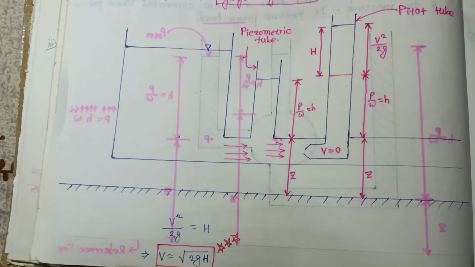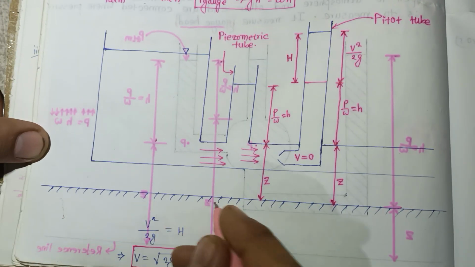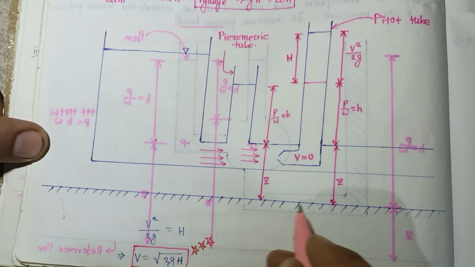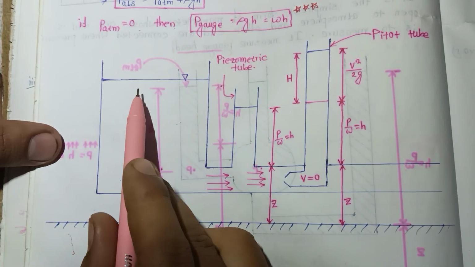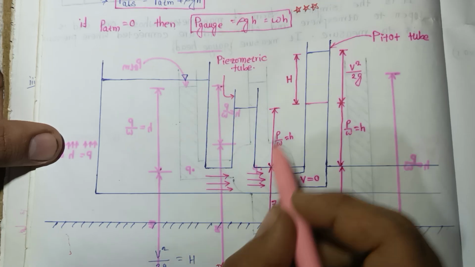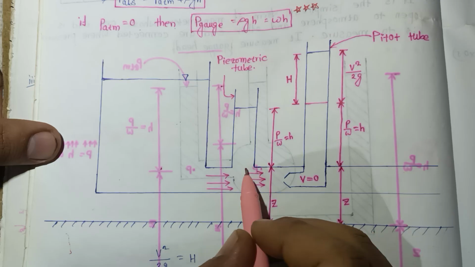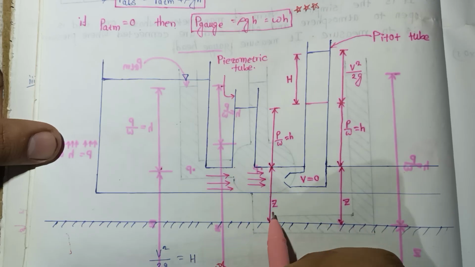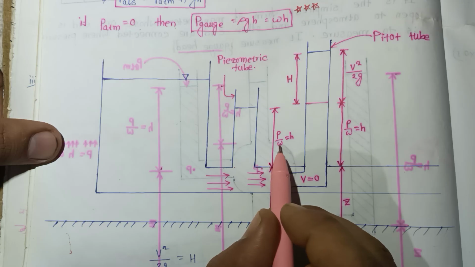Okay, now let's try to understand this case. This is the reference line, and there is a fluid, and here there is a piezometric tube. The distance from the reference line to this height is z, and the height here is P by omega.